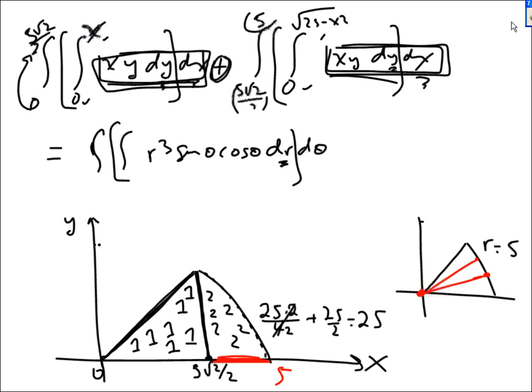It always goes from 0 to 5. And theta, well, remember, the x's and y's were both the same. It was 5 square root of 2 over 2, 5 square root of 2 over 2.